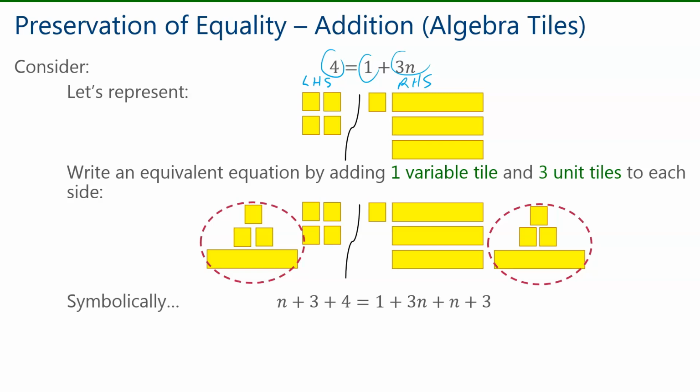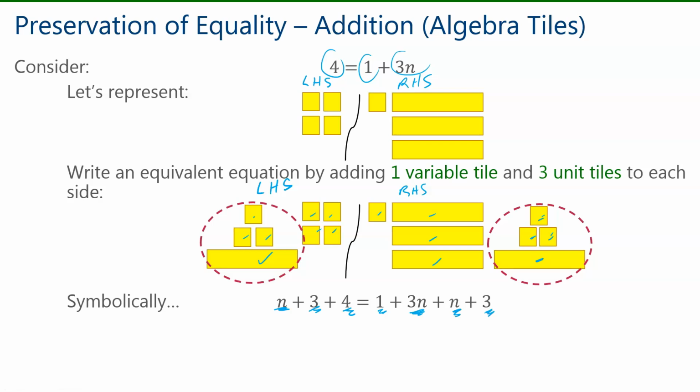So what have we got now in total? Well, on the left-hand side now, I have 1 variable tile corresponding to the 1n. I have 3 new unit tiles, as well as the 4 that were already existing there on the left-hand side. On the right-hand side, we have the 1 unit tile that was already there, the 3 variable tiles that were already there, and now we have this 1 new variable tile for the 1n and 3 new unit tiles.